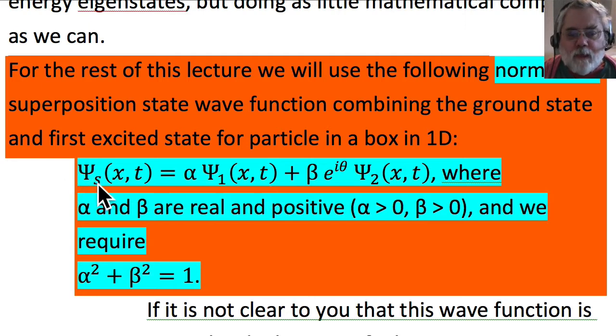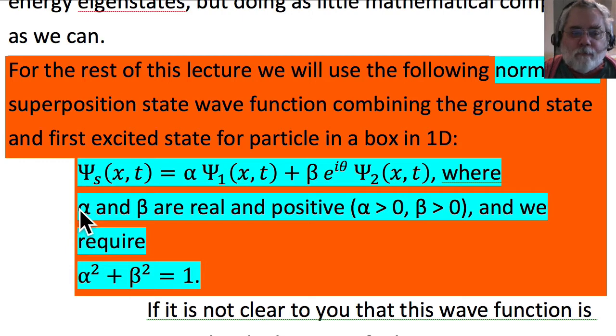So psi sub s of x and t will be alpha times psi sub 1 of x and t plus beta e to the i theta psi sub 2 of x and t, where psi sub 1 is the ground state energy eigenfunction, normalized. Psi sub 2 is the first excited state energy eigenfunction, normalized.